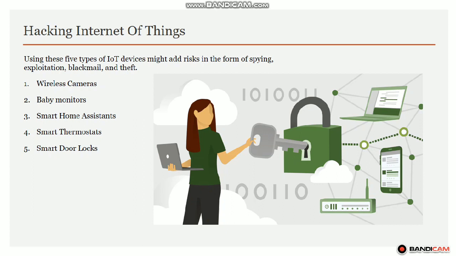Now further moving on to the second device, that is baby monitors. Internet connected baby monitors pose a similar threat to other home surveillance technology. It allows outsiders to spy on their families or infants.